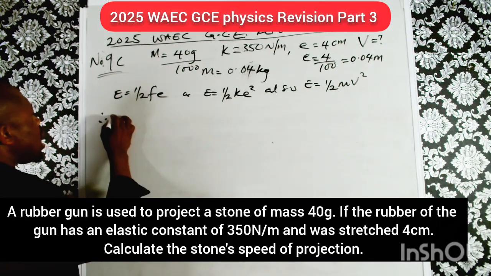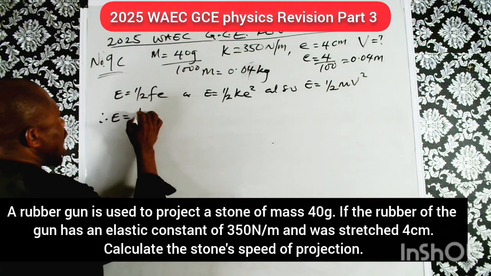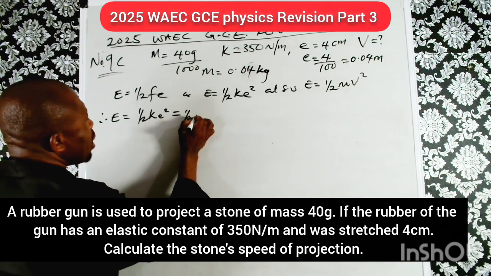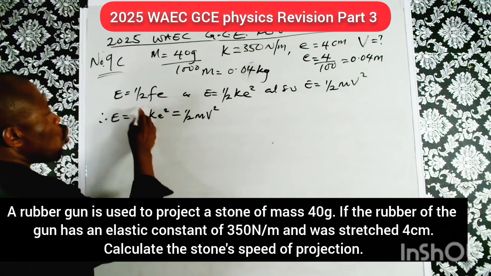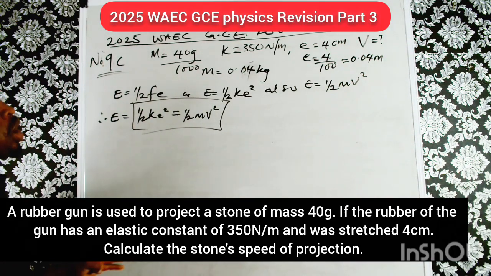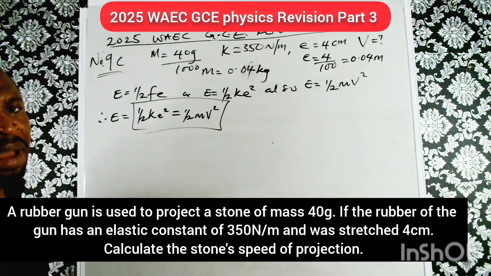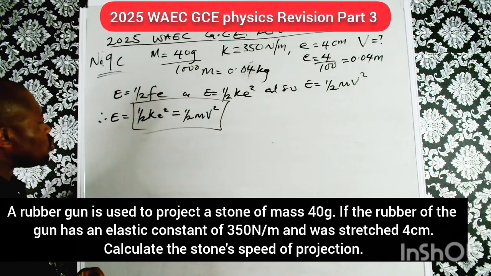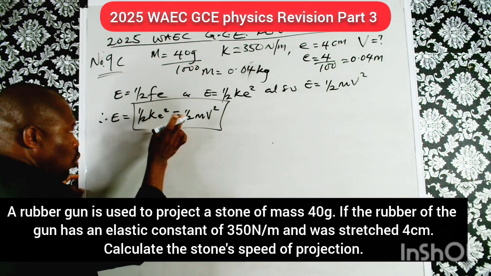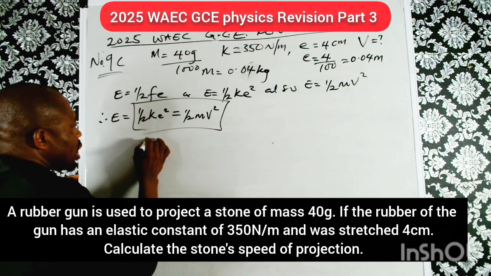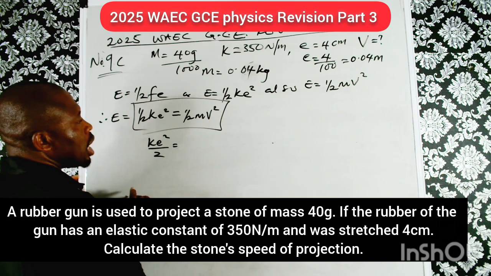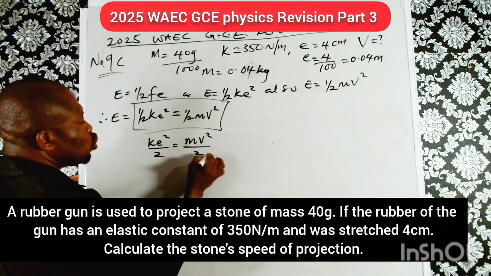Therefore, we can now say that energy is equal to half Ke squared, and the same energy is equal to half mv squared. So we equate these two together. We're looking for V, so we make V the subject. Rewrite this as Ke squared over 2, and this as mv squared over 2.